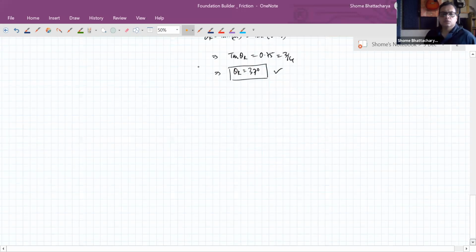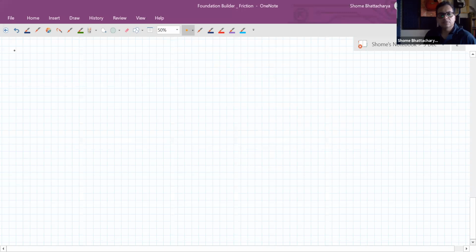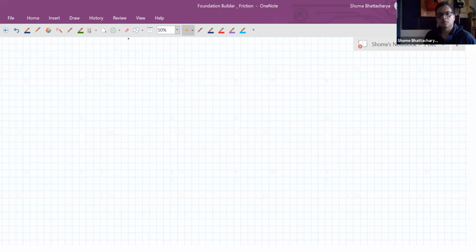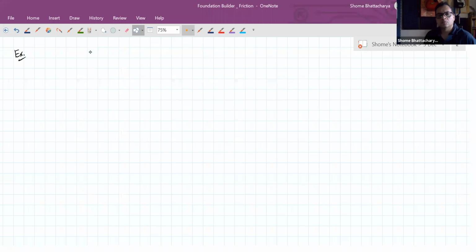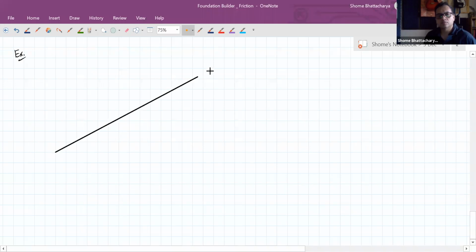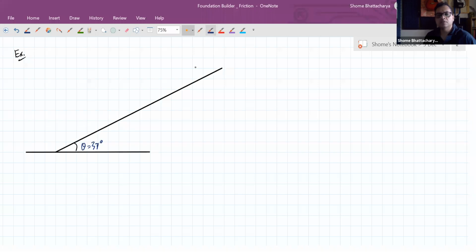Now let's move on to some more examples with inclined surfaces, but involving more objects. Let us say we have this 37-degree inclined plane, and on this there is a combination of two blocks kept against each other like this.